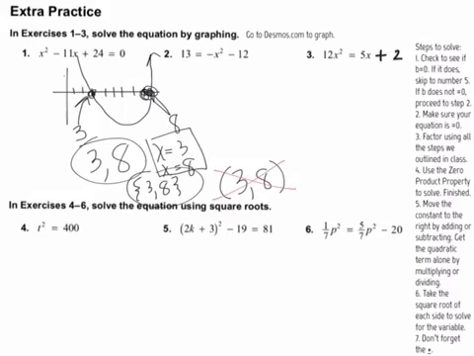Now let's graph the second one. But I want you to notice, see how the 13's over here? Well, I should have said in the beginning that in order to solve by graphing, it has to equal 0. Probably not on Desmos. I could probably type that in, but I'm going to just go ahead and say it has to equal 0. So I'm going to move this 13 to the left.